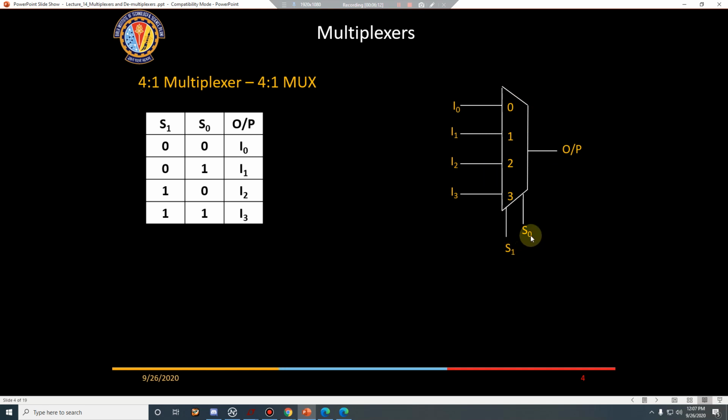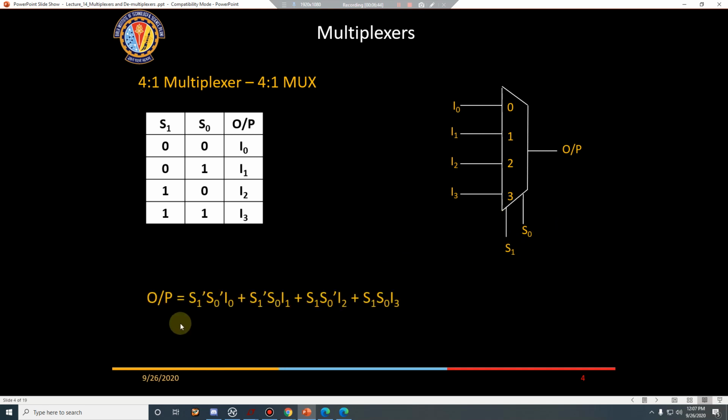For 0 0, S1 is equal to 0 and S0 is equal to 0, I0 gets connected to the output, and similarly for 0 1, I1 gets connected to the output. For 1 0, I2 gets connected, and for 1 1, I3 gets connected. Is this clear? How does a 4 to 1 multiplexer work? It is just one of them gets connected to the output depending on the input combination.